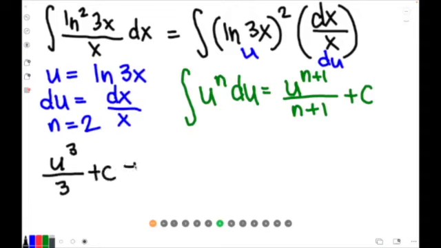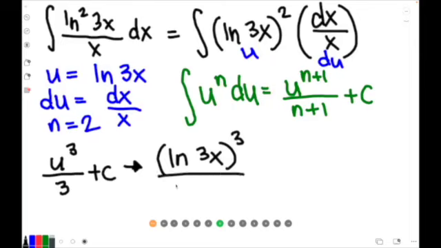So substituting, because this is u substitution, we will substitute our assigned value back to u. Now we have ln 3x cubed all over 3 plus c. So this is our answer for this one.